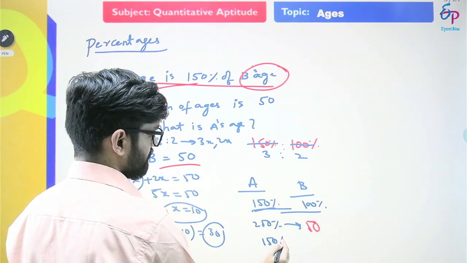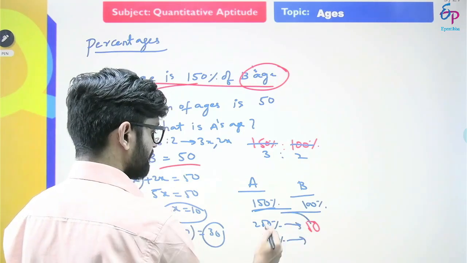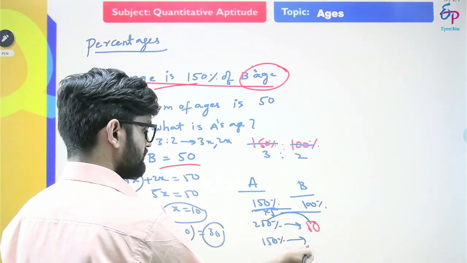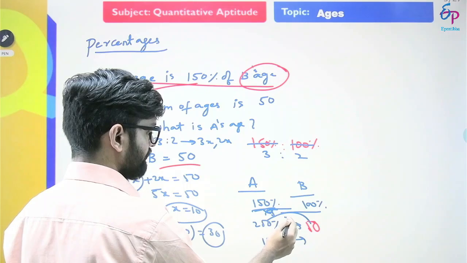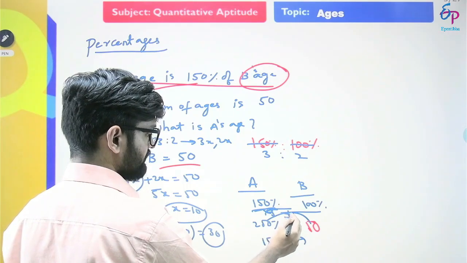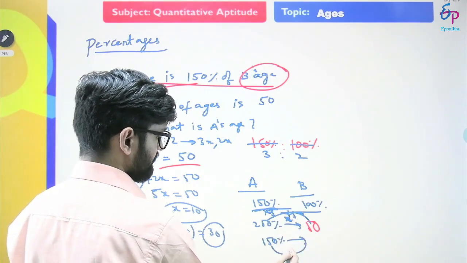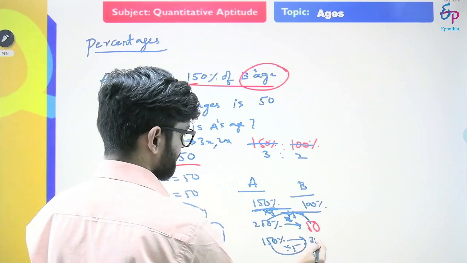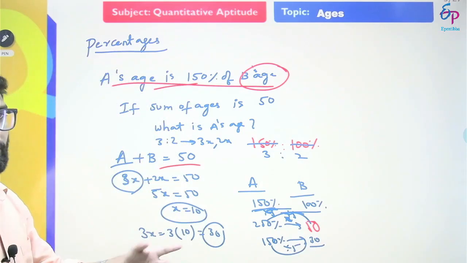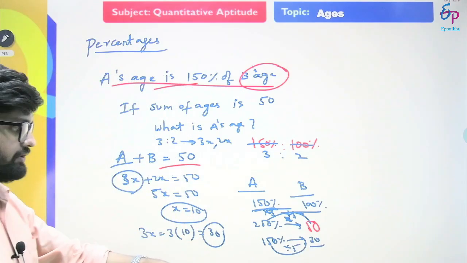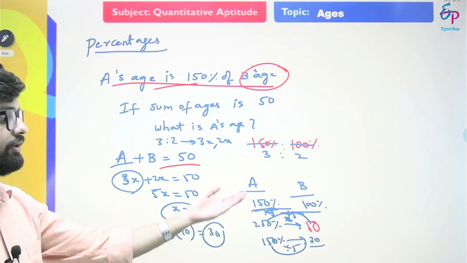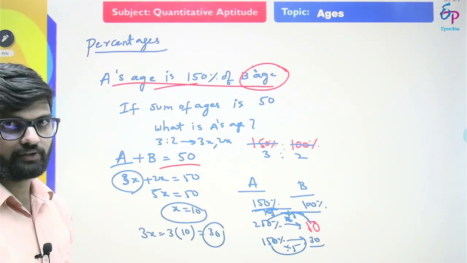Divided by 5 here, divided by 5 there, it will be 30. Whatever method you choose, you can convert the percentage into a fraction, that means a ratio, or you can keep it in percentage as well.